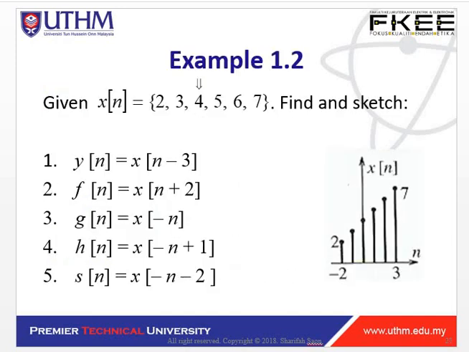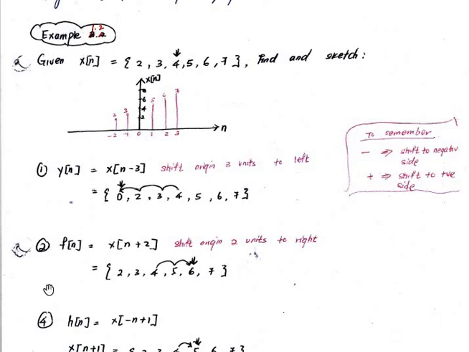Okay, let's look at some examples. Given x[n] is equal to 2, 3, 4, 5, 6, 7, find and sketch. If you look at this question, do you know where the origin is? Yes, it is at 4. The origin is at 4 because of the marker here. Let's look at the questions one by one. This is x[n].